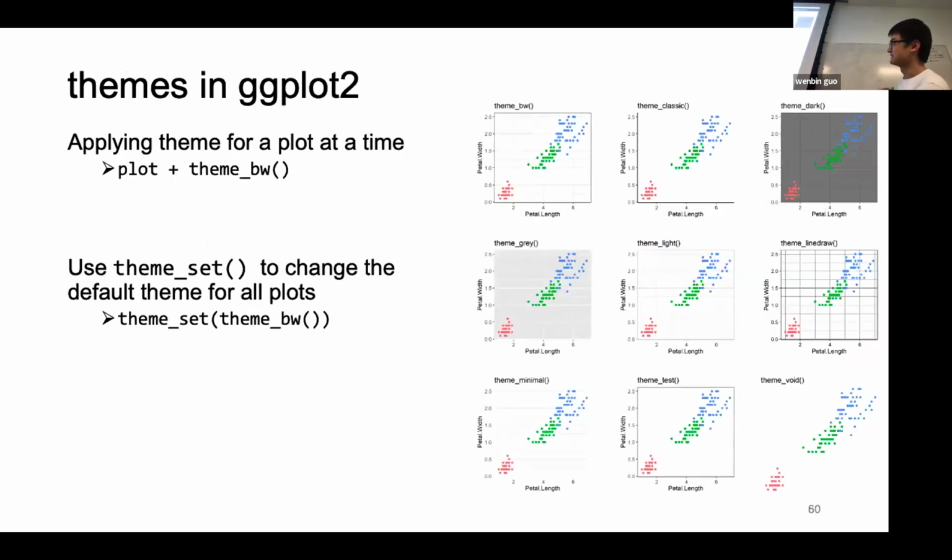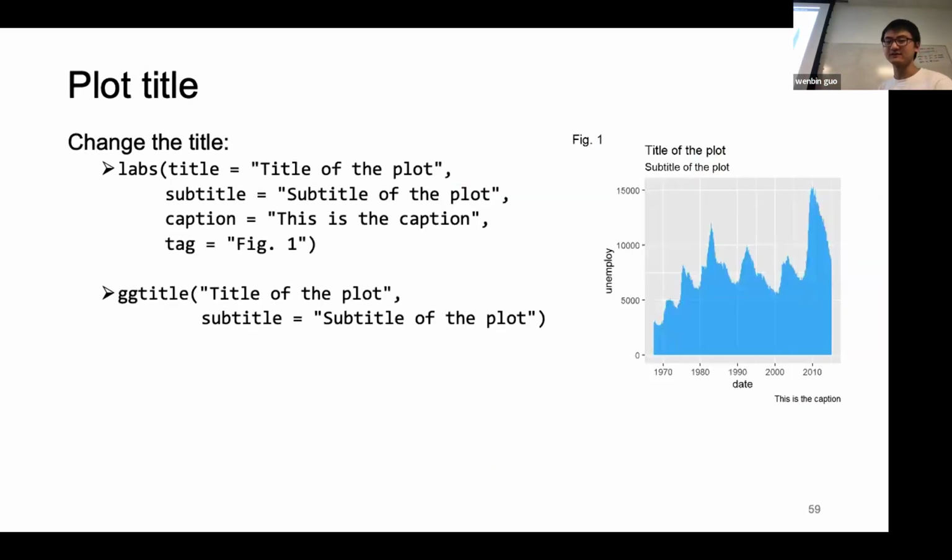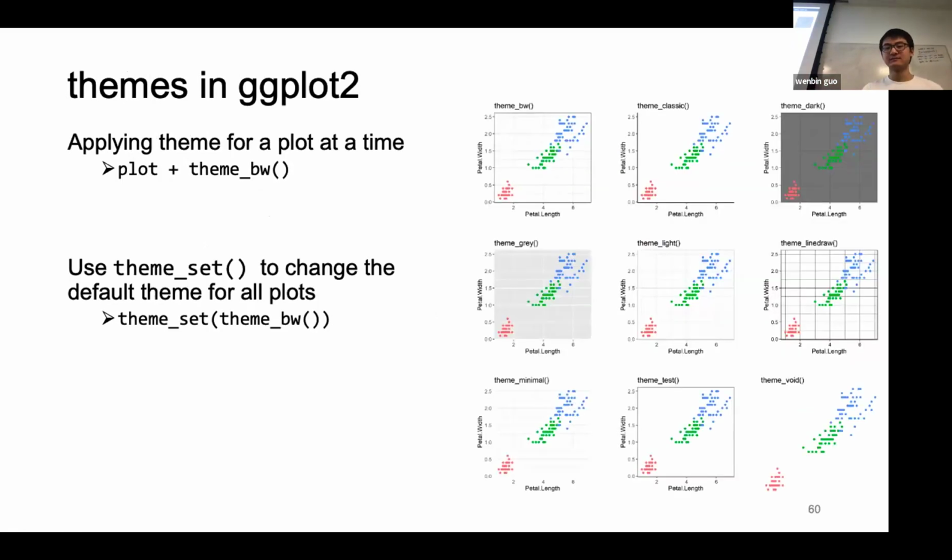So another thing about the customization is about the themes. So again, like previously, you see those gray background and the white gray lines. It's a kind of default theme of ggplot. You can actually change it to something else. For example, here I listed 9 of the themes. They have a whole set of themes. For example, I think usually my favorite is theme_bw.